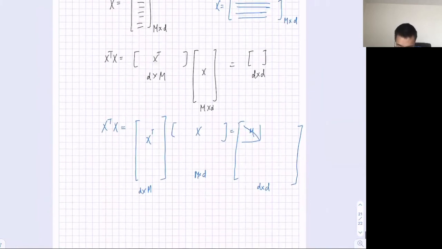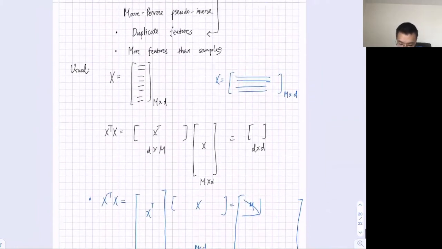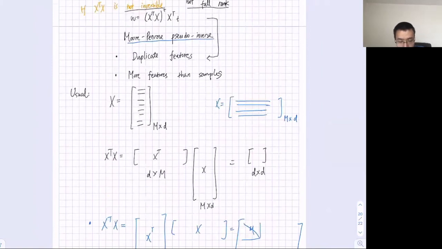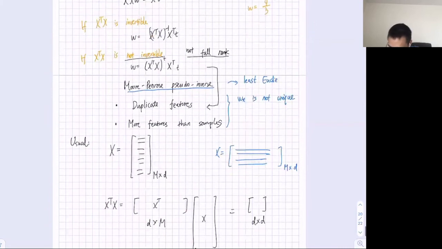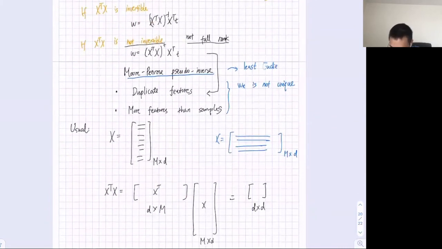So what if you have a non-invertible matrix in this case? Can I still apply the Moore-Penrose pseudo inverse? Mathematically, yes, you can apply it. In both cases, the optimal solution is not unique, and the pseudo inverse gives you the least L2 norm, the least Euclidean norm solution.